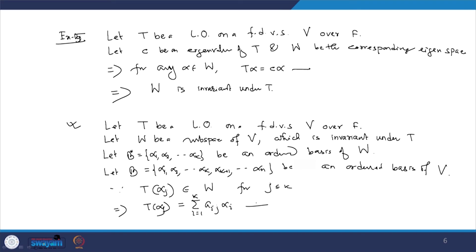So, I need only k scalars, and for j greater than k, T of alpha j will be written as the sum of a ij alpha i, i equal to 1 to n.